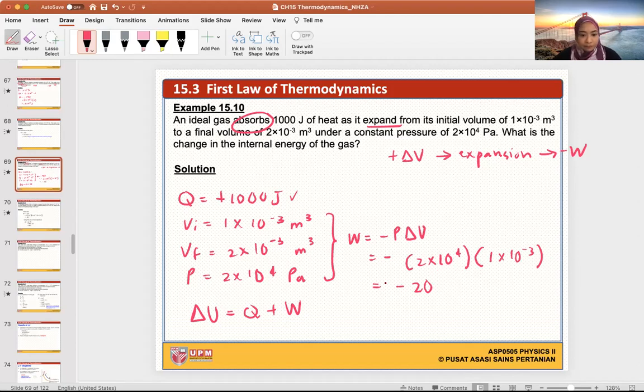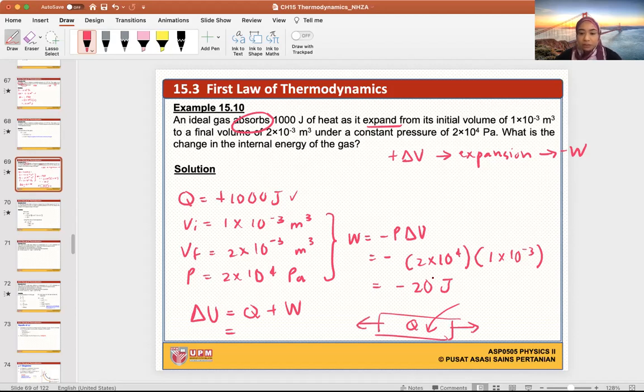So this gives me a negative work of minus 20 joules. If my Q is positive, it is absorbing Q, but at the same time it is doing work. The environment is giving it Q, but at the same time it is expanding.